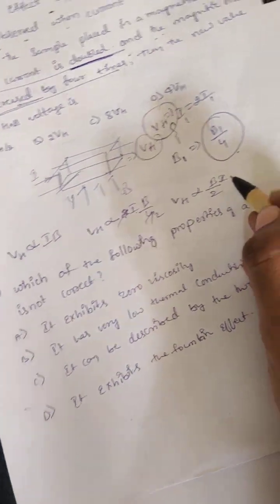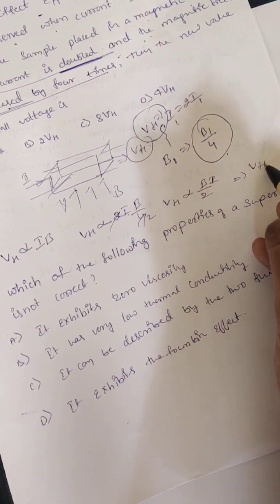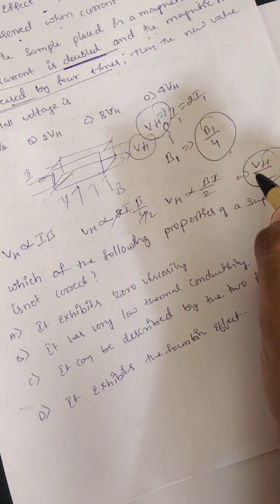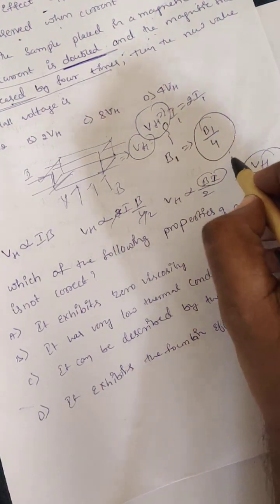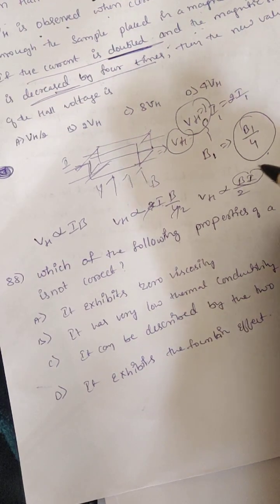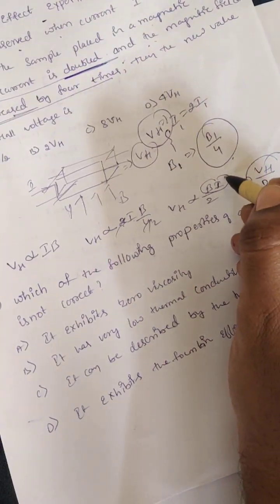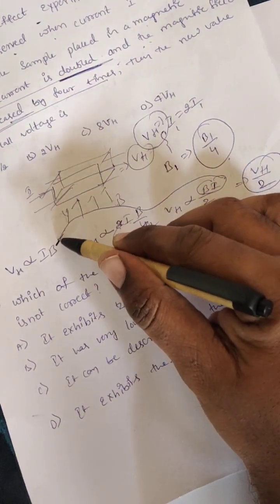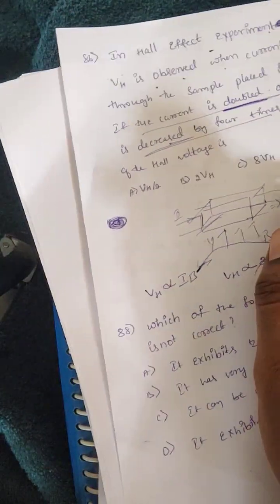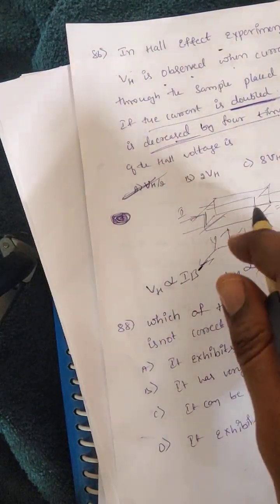Since IB is nothing but VH, the new VH is decreased to VH by 2. So option A is correct.